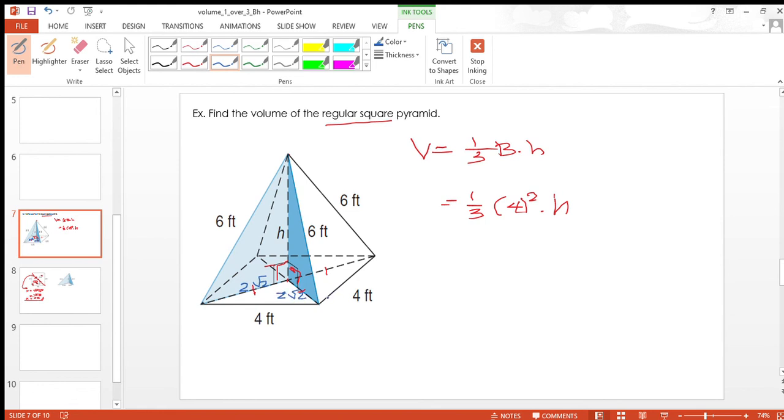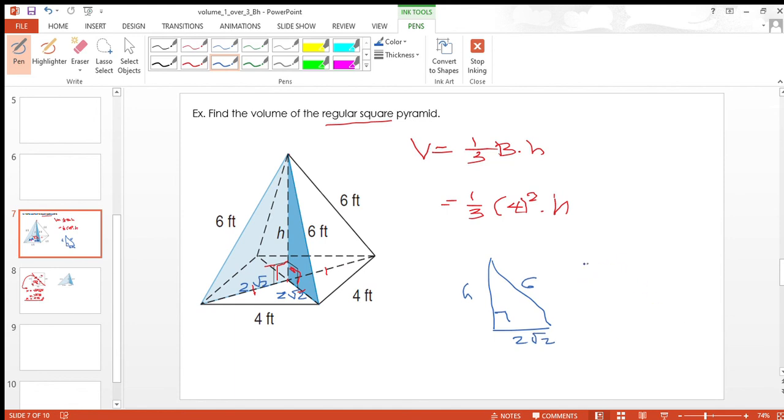And then 6 is given, the length of this section here is 6. That's why when you isolate one of the right triangles there, this is 6, this is your h, this is 2 square root of 2.